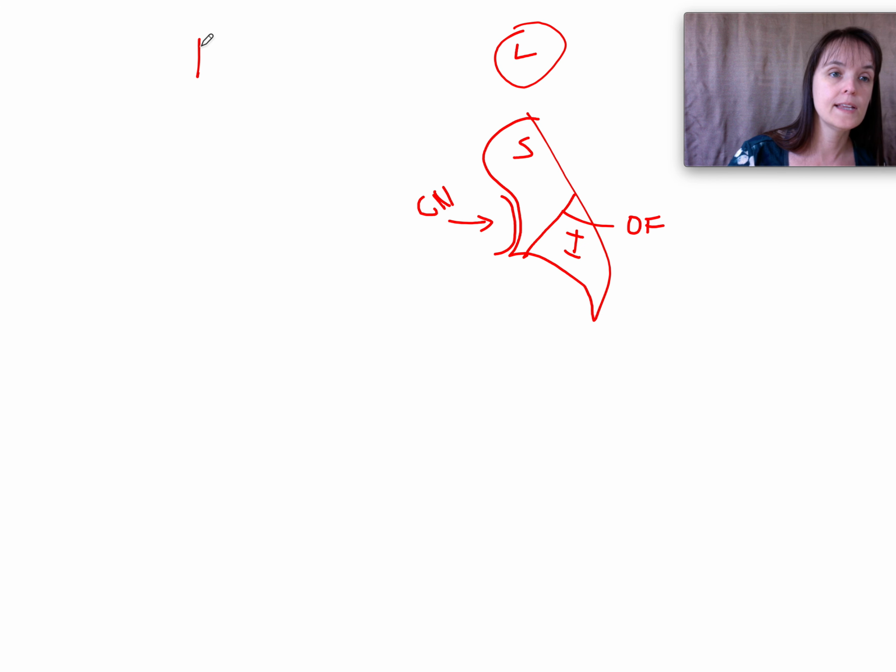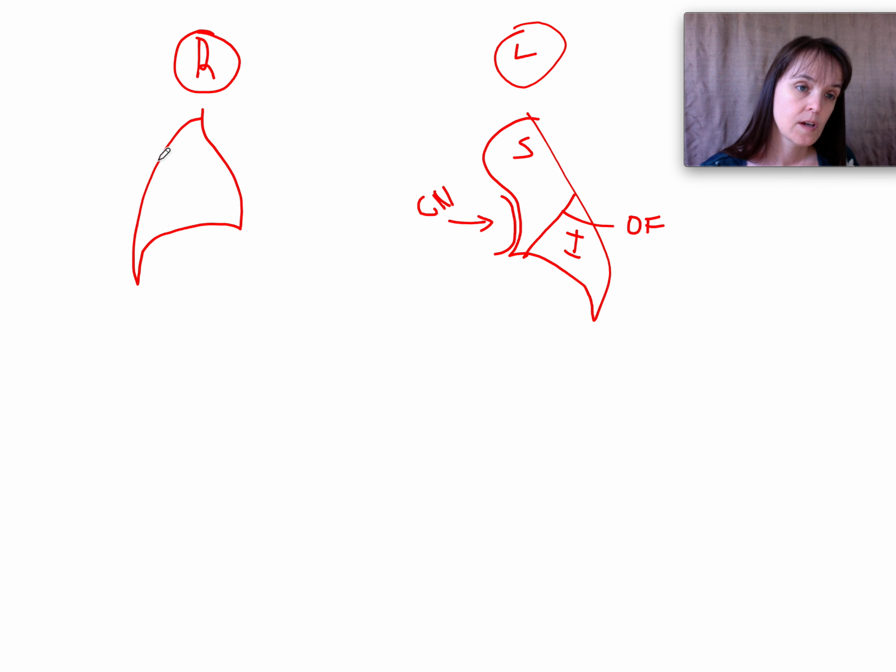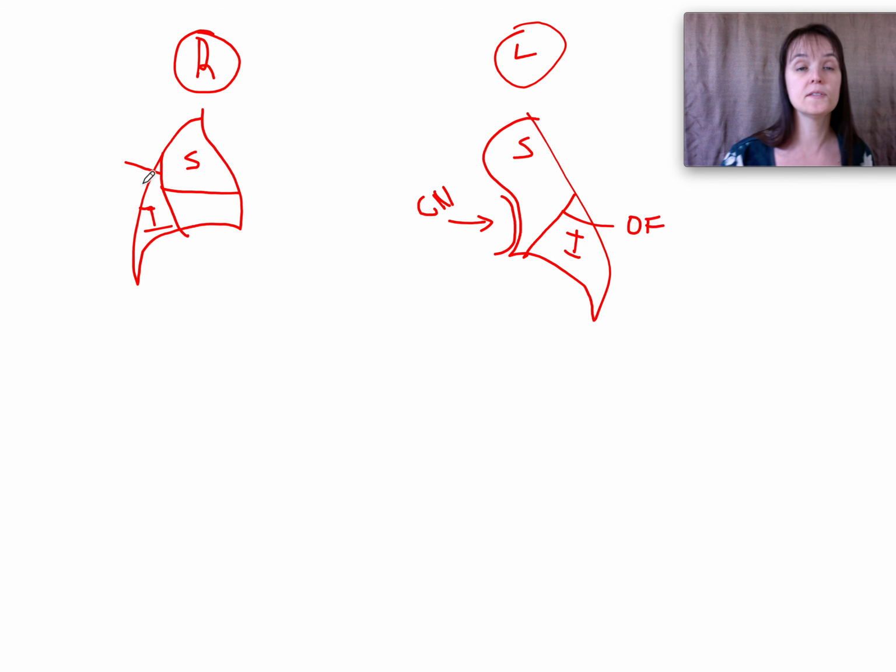Okay, right lung. The right lung, as we discussed, has 3 lobes. So the superior lobe is the top lobe, the inferior lobe is the bottom lobe, and they're still separated by the oblique fissure.